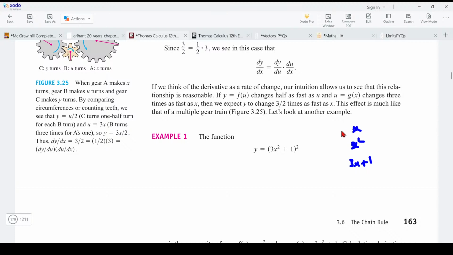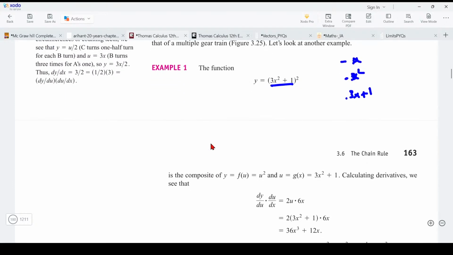If you input this one, we get x square. If you input here, we are getting this one. Now, if you input this one here again, you get this one. So there are a lot of composite functions here. Very basic of this, we assume this as u, then it becomes y equals u square.